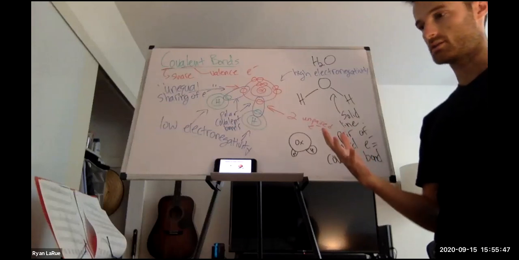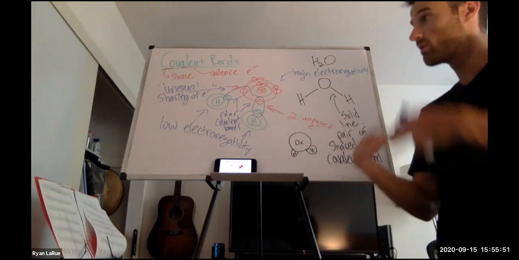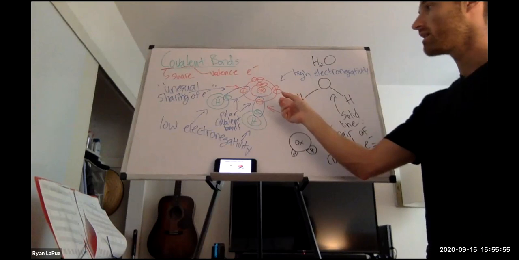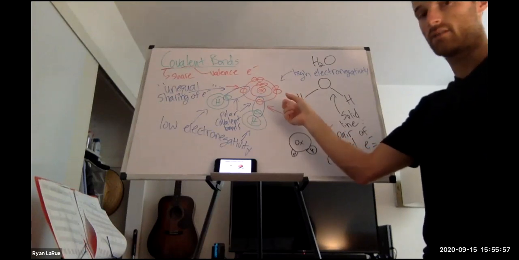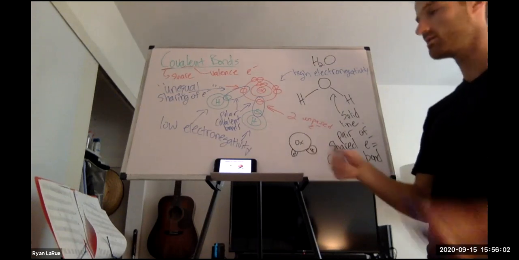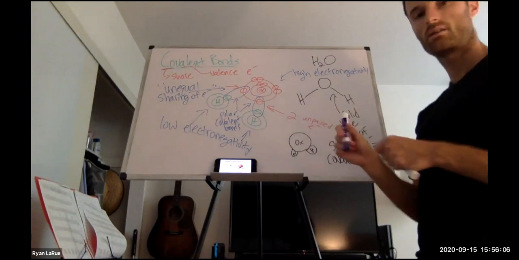I kind of answered the question. Because more of the time negatively charged electrons are around oxygen, it gives it a partial negative charge.